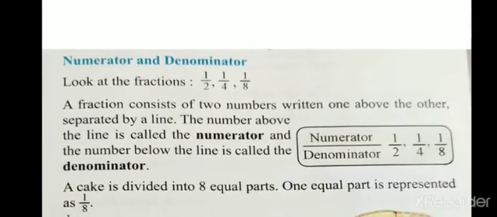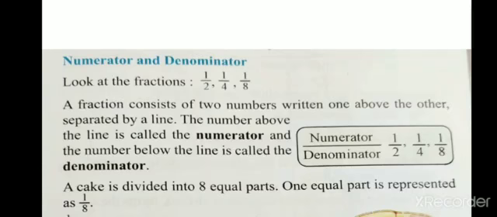A fraction consists of 2 numbers written one above the other. In each of these 3 fractions, 1 by 2, 1 by 4 and 1 by 8, there are 2 numbers. One number is below and one number is above.